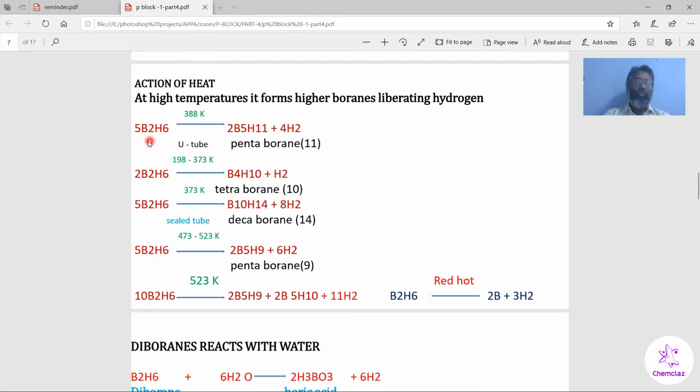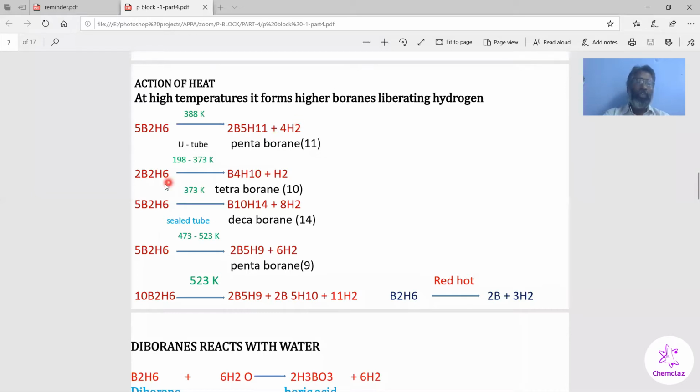First, 5 moles of diborane at a temperature of 388 Kelvin give pentaborane-11, where penta represents 5 boron atoms and 11 represents 11 hydrogens. According to nomenclature, B5H11 is written as pentaborane-11, along with hydrogen.